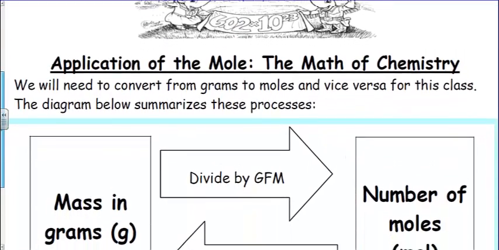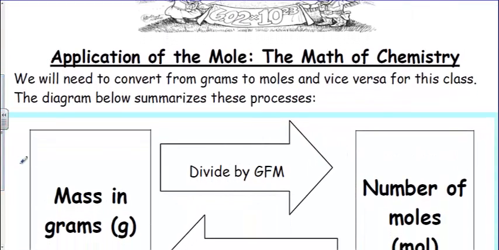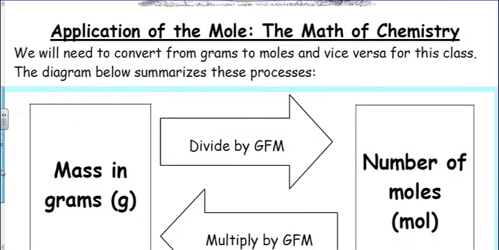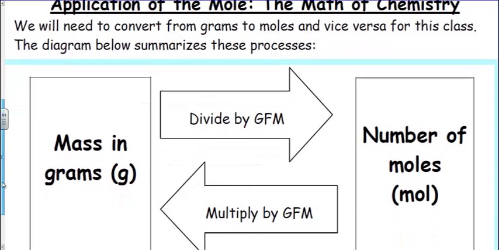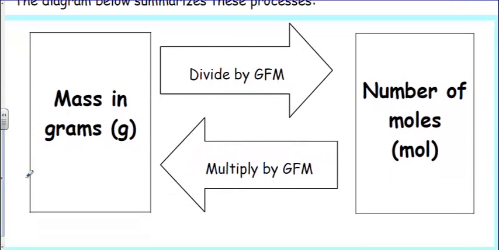So the application of the mole, the math of chemistry, we will need to convert from grams to moles and vice versa for this class. So the diagram below shows and summarizes these processes. Very easy. If you have mass in grams, it's given to you, then we divide by the GFM. So the GFM, guys, we learned how to do in the previous 2 lessons. Gram formula mass is grams.